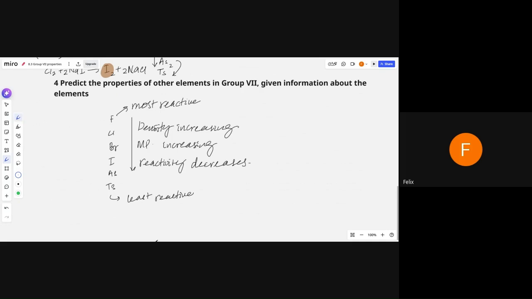Let me see if I can find any question related to this topic from the past papers.